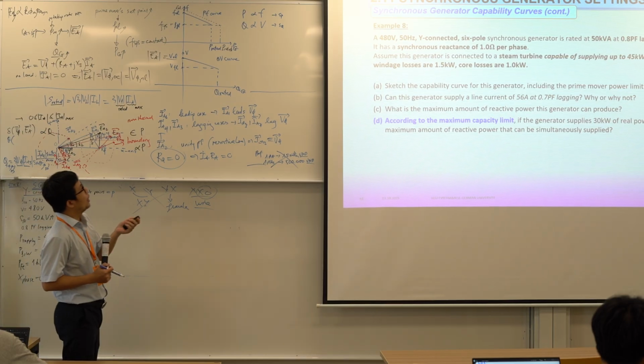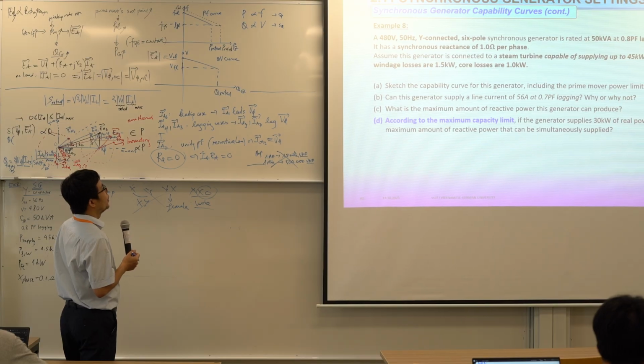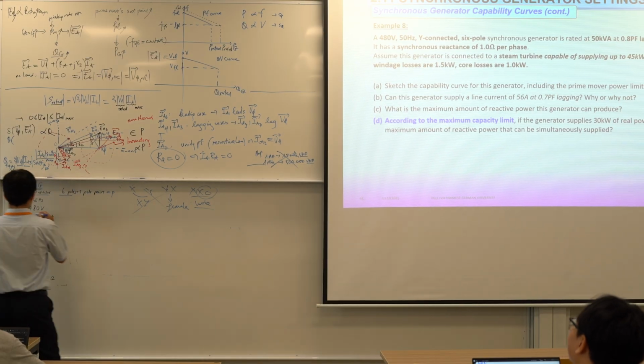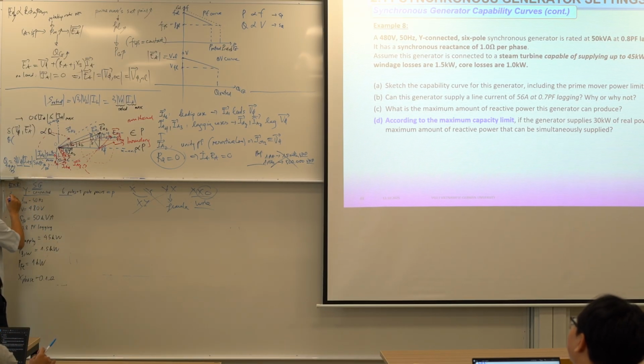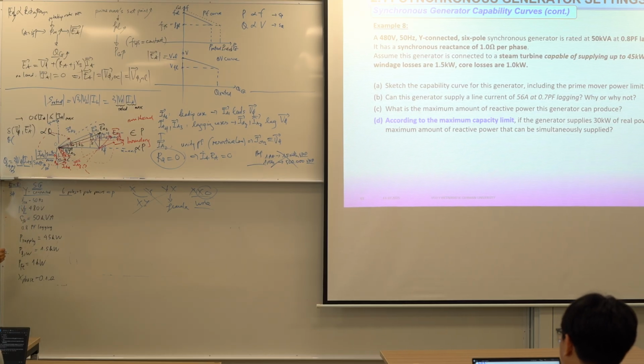What else? We have Y connected. Remember that this is 3 phase, so this is line voltage. This is only the RMS value, so you need to use absolute values.